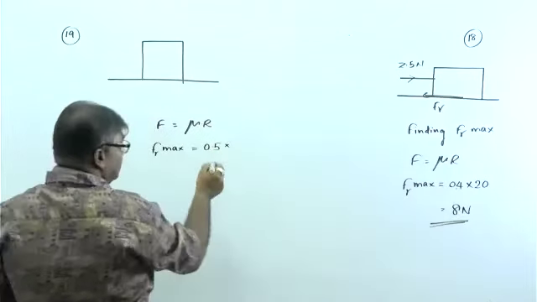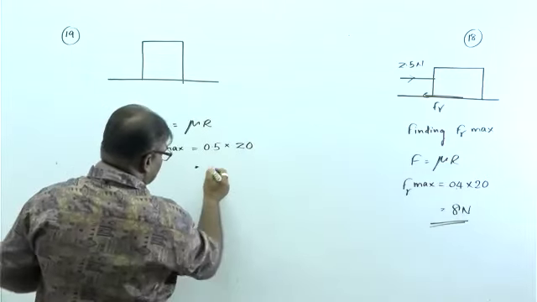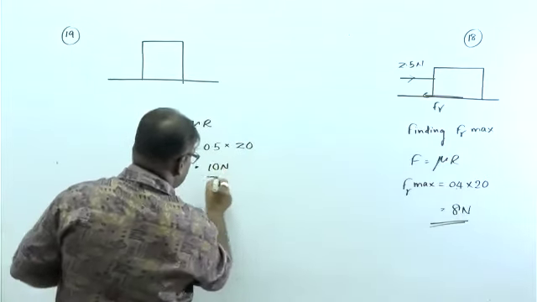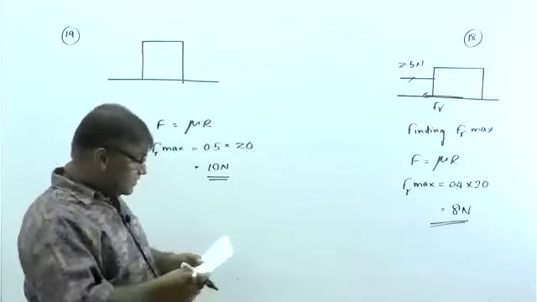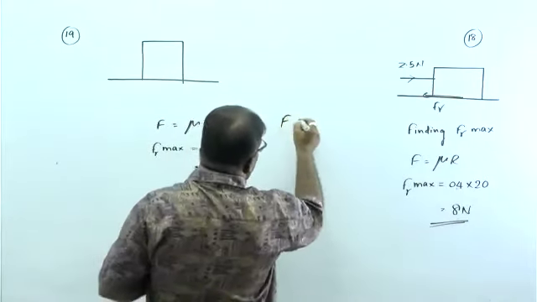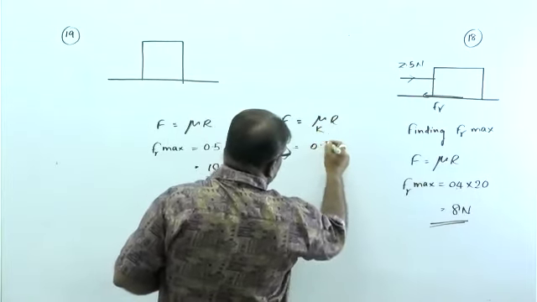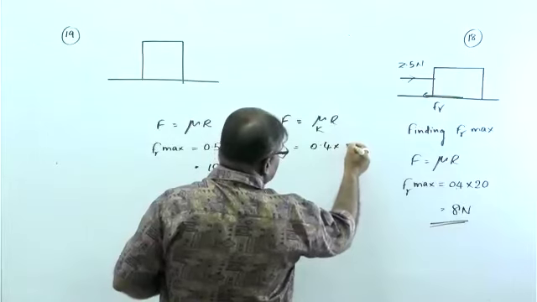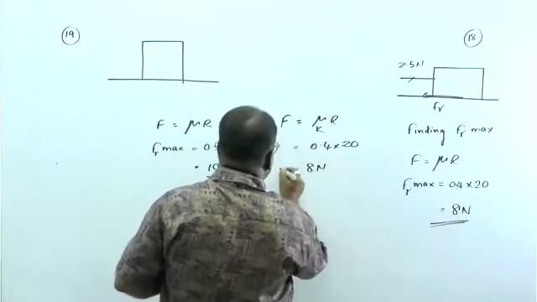Here weight is 20, no? The normal reaction is 20. Then you will have 10 Newton of force as the maximum static friction, and maximum kinetic friction is written as mu k. It's 0.4 into normal reaction, which is just 20. It could be 8 Newton.